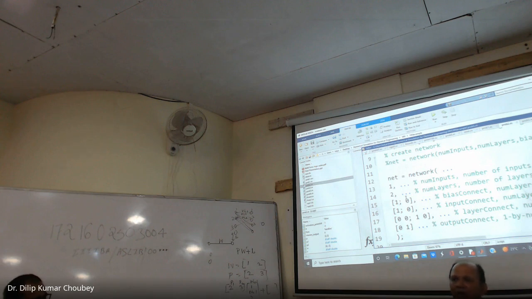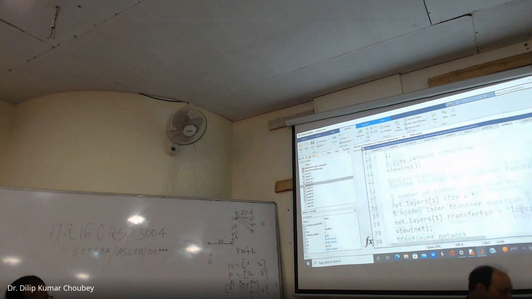Everything is taken by default. If you want to choose your own system, you can build it in this way with net. If you don't understand this, you can type help net in the command window, and the format will come.